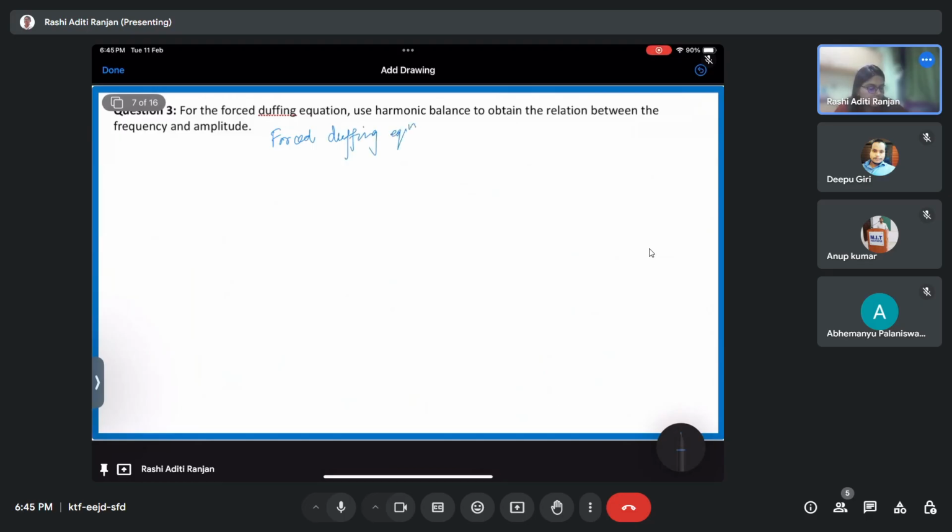We assume our equation is x double dot plus x plus beta x cube equals f cos omega t.